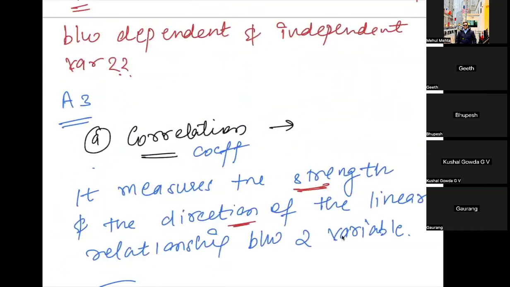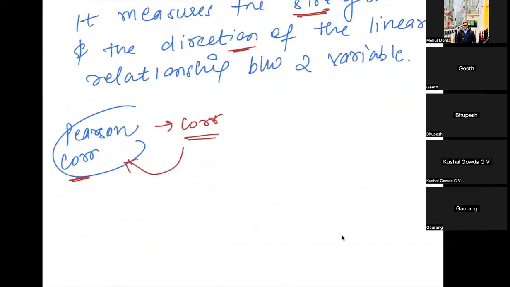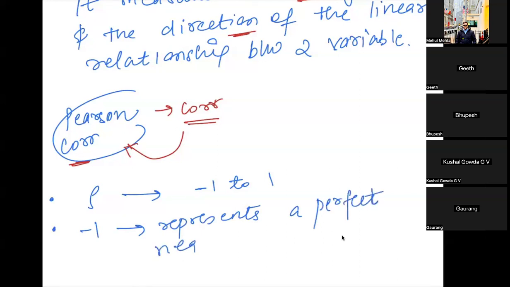Let's say this correlation is denoted by rho. Rho can take values between -1 and 1. Rho equal to -1 represents a perfect negative linear relationship.